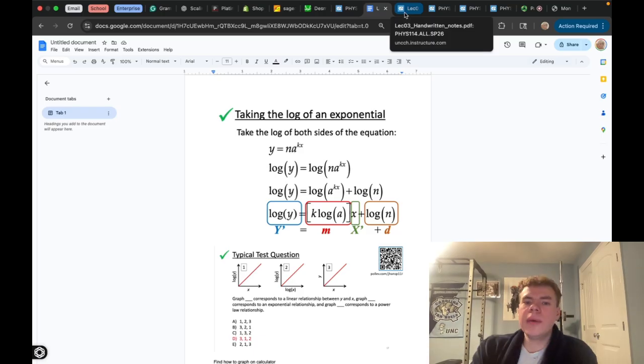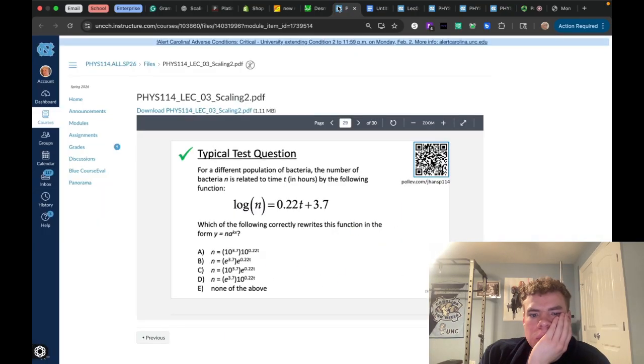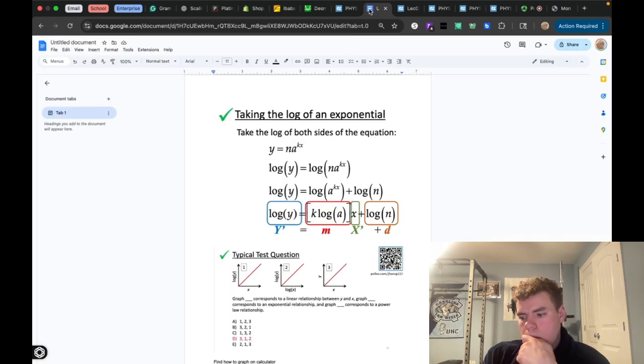So y equals N A. All right. So I'm going to say it's going to be n equals n, a, and k should be constants.